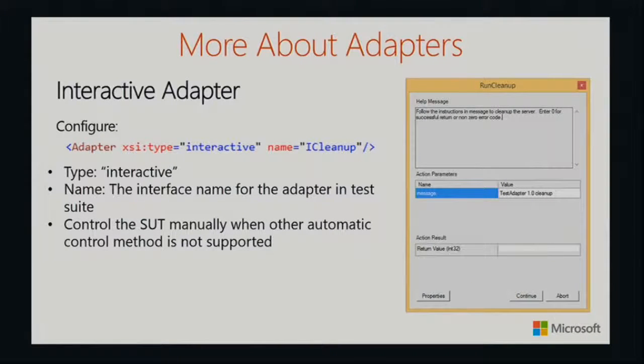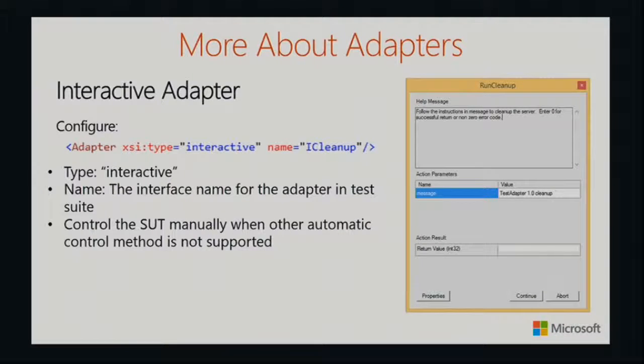For the interactive adapter, we will just say type is interactive. Then we use a name, the interface name, and it is used to control the SUT manually when the other automatic control method is not supported. So when a method is called, a pop-up dialog, a UI, will pop up.